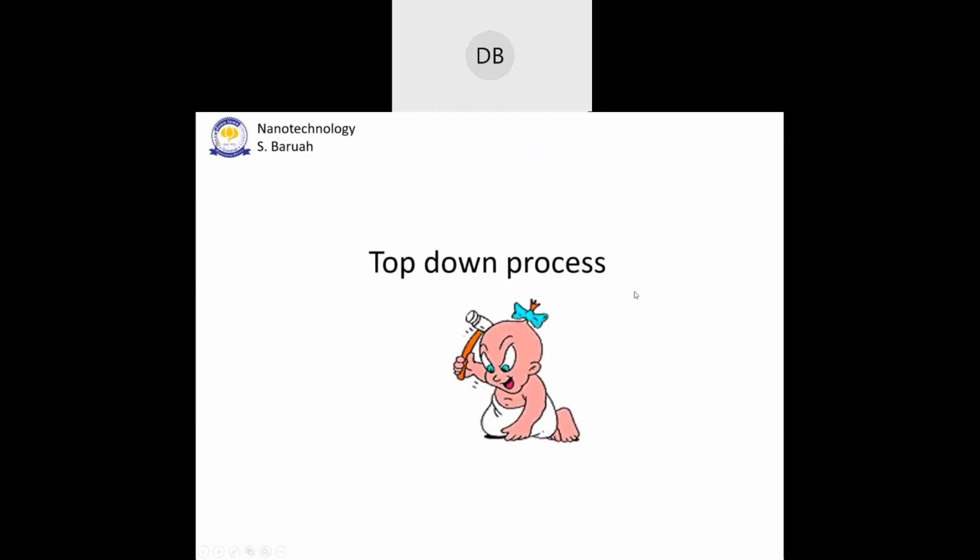So let's now discuss step by step how we human beings can make nanomaterials. I already mentioned the generic processes. So let's pick up the top-down process first. There are so many different techniques that can be adopted in the top-down process.